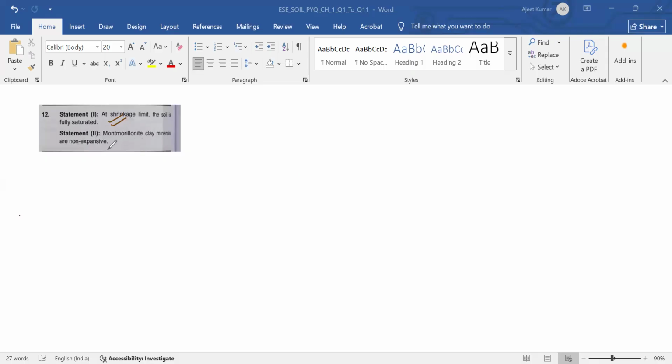Montmorillonite clay minerals are non-expansive. This statement is wrong. Montmorillonite clay minerals are very much expansive soil. So statement 1 is correct, and statement 2 is incorrect. So option C will be the correct answer.